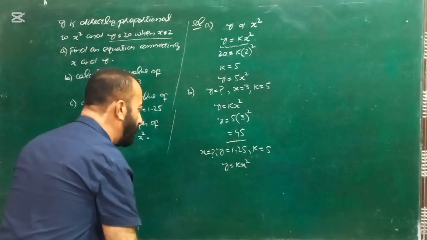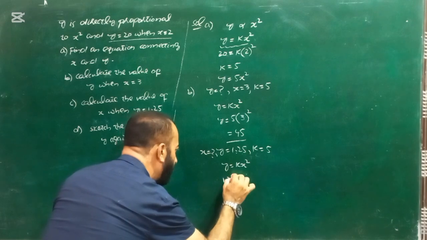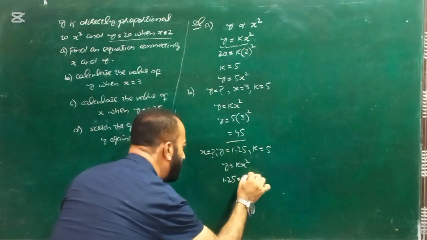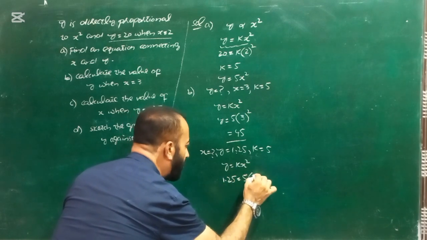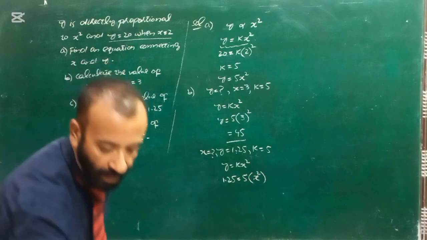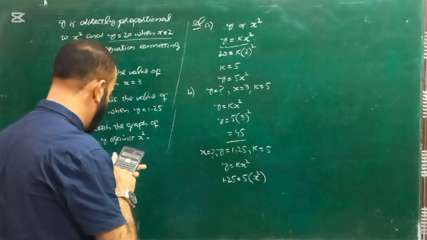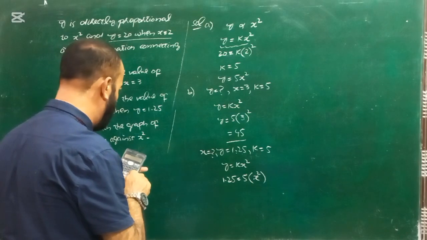Putting values into this equation, y is 1.25, k is 5, and x is missing, so x square is still there. So this 5 will come down, come in the denominator of 1.25, so 1.25 divided by 5.